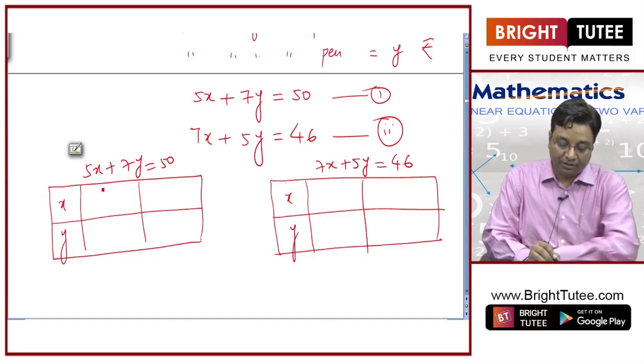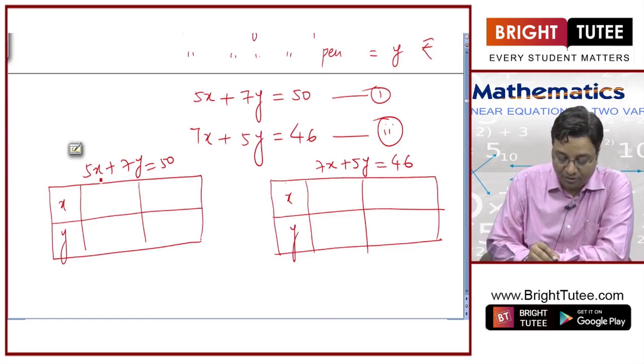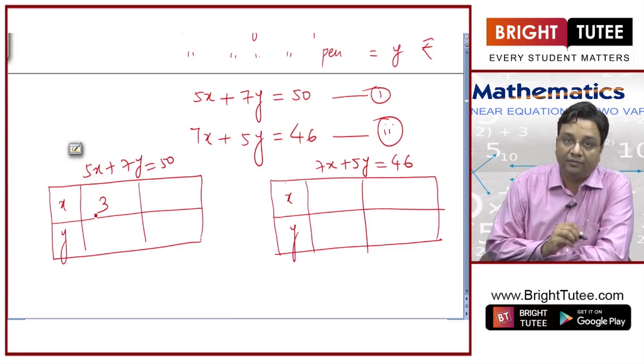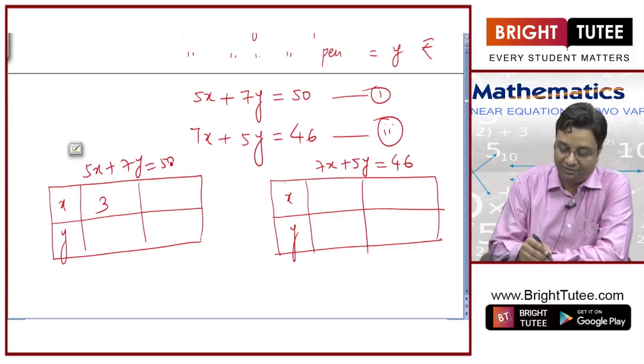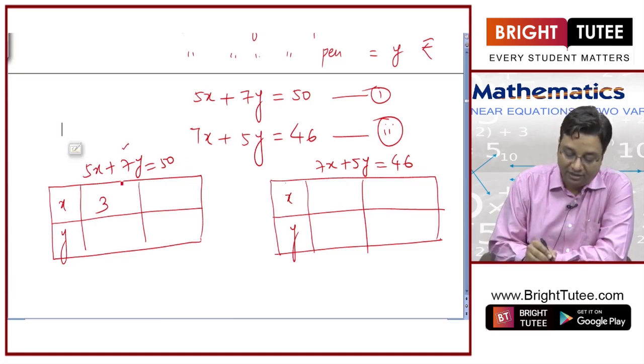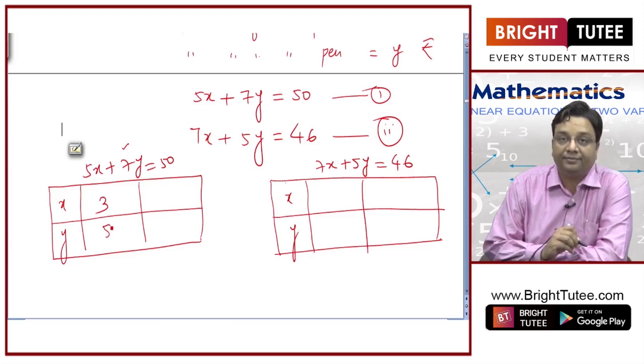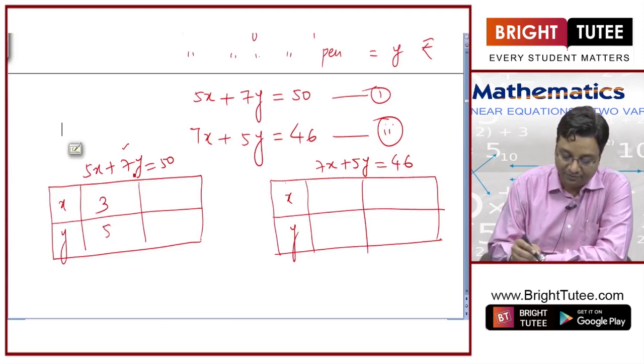If I put x equal to, let us say, 3, why? Because it will make it 15, and 50 minus 15 will become 35, which is divisible by 7, right. So, this will give me y equal to 5. 7 into 5 is 35. Can I make another such integral solution?